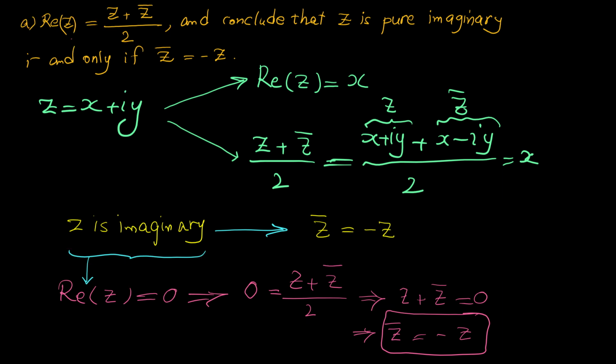Now we want to prove the opposite of this relation. We want to prove that if z conjugate is equal to -z, then z is a pure imaginary number.